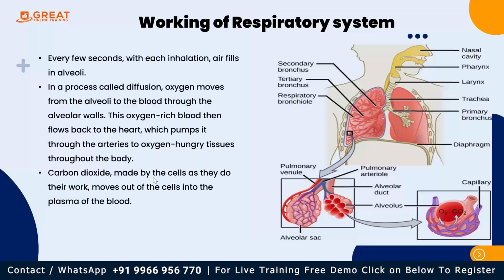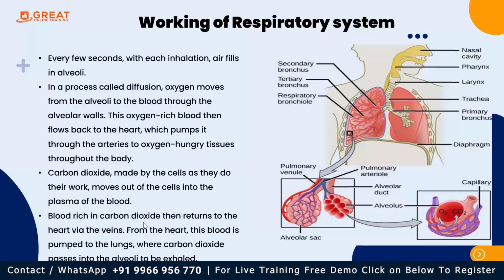Carbon dioxide made by the cells as they do their work moves out of the cells into the plasma of the blood. Blood rich in carbon dioxide then returns to the heart via the veins. From the heart, this blood is pumped to the lungs, where carbon dioxide passes into the alveoli to be exhaled.